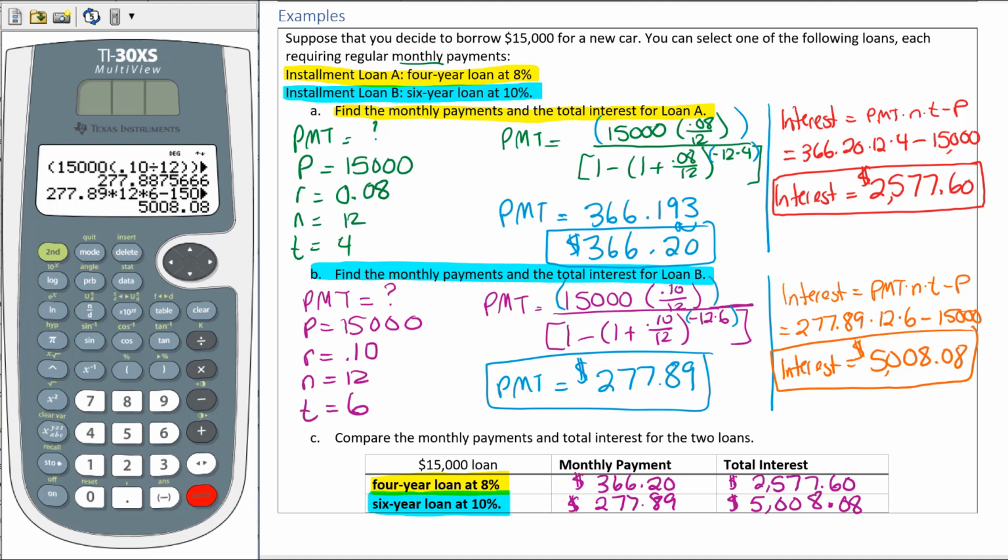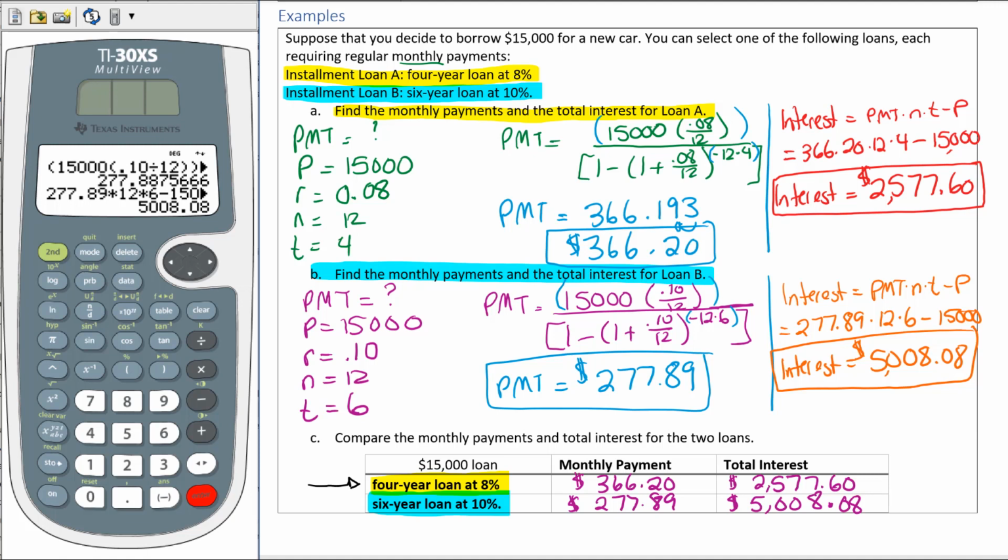Notice with a 4-year loan, we have a higher monthly payment. Even though the percent is lower, it's still a higher monthly payment. But because it's a shorter loan at a lower interest rate, we pay a lot less interest. So if you had to choose one of these two, the best choice would be the 4-year loan.